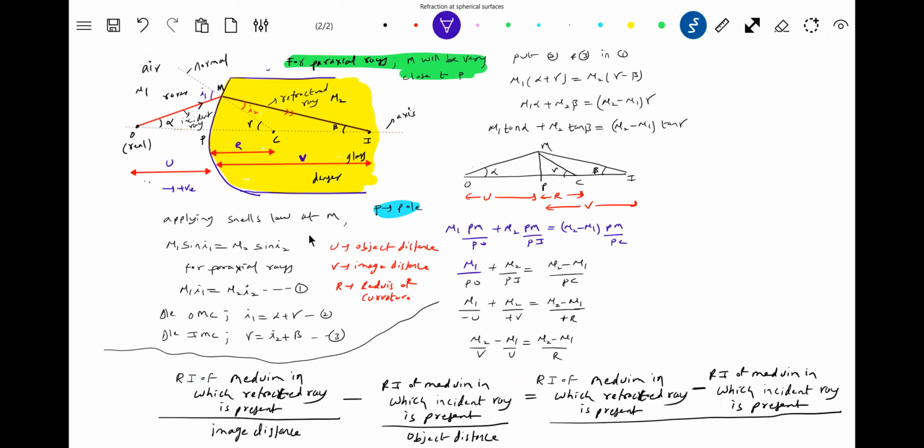What do you mean by capital R? Radius of curvature of the boundary.